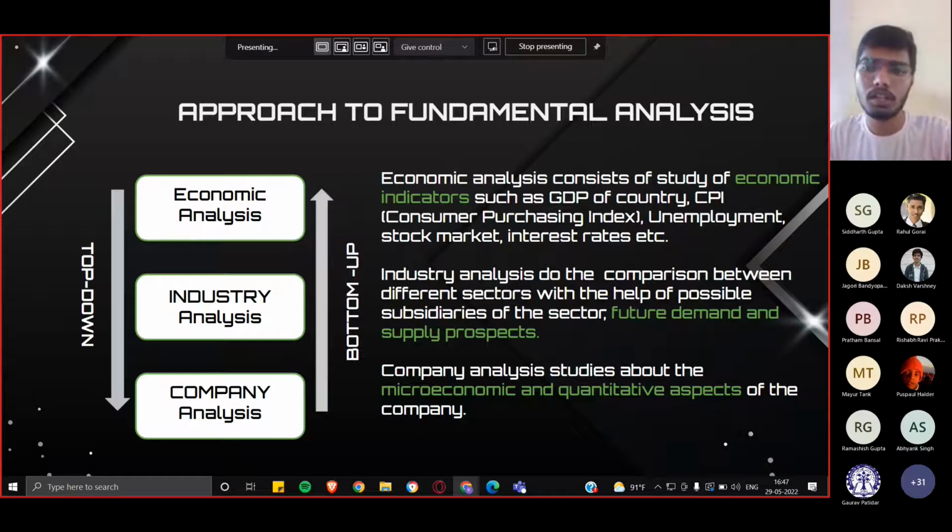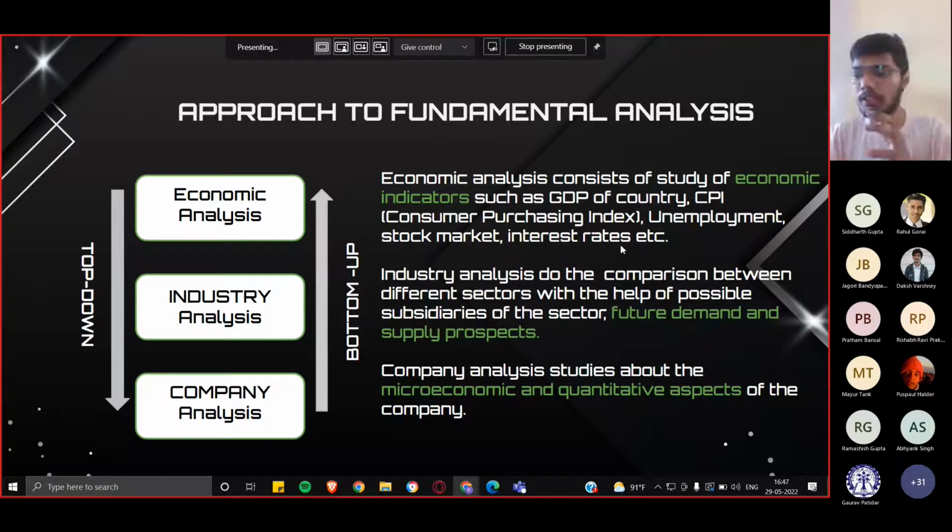So, the approach to fundamental analysis. As we talked about earlier, in fundamental analysis we consider a lot of factors that vary from the upper level to the company level. For example, we consider the economy of the country the company is operating in, and the environment for business in that country.